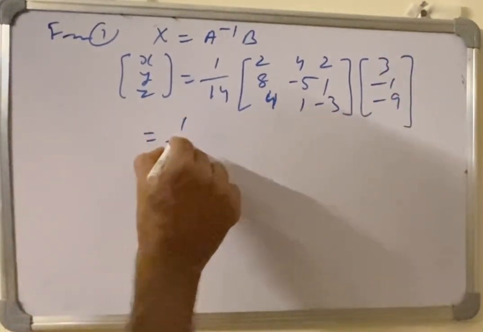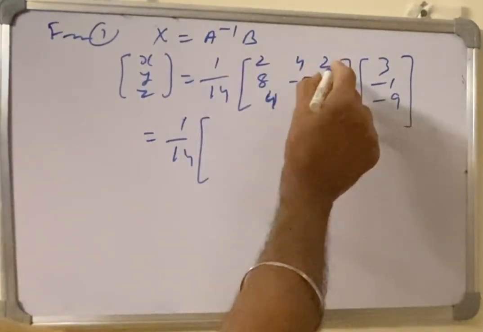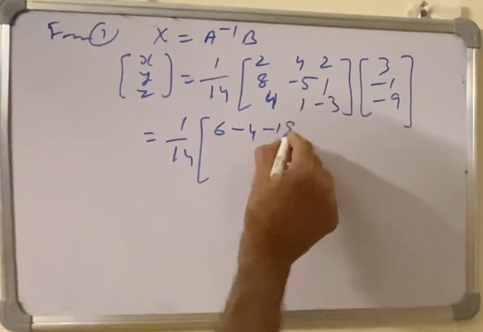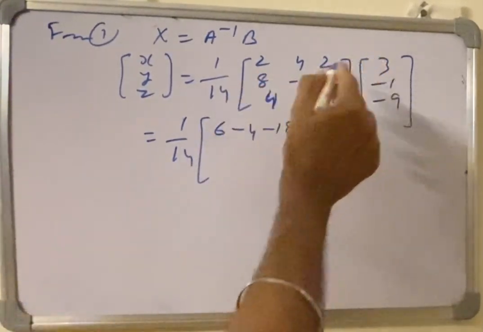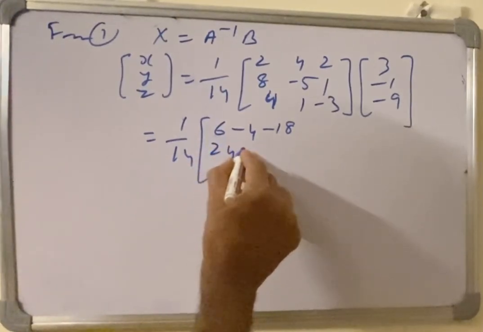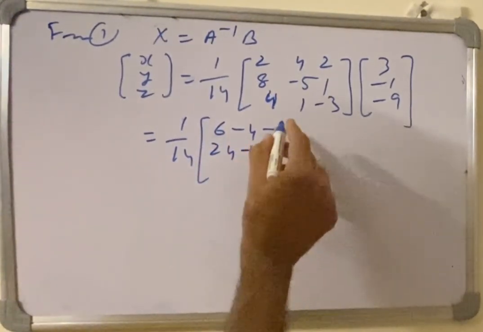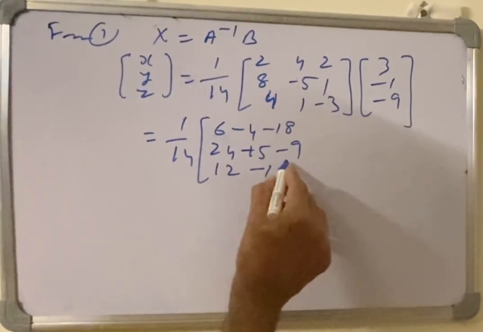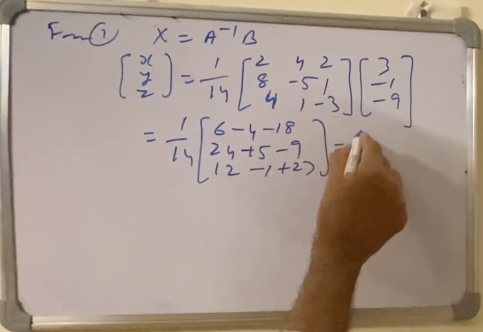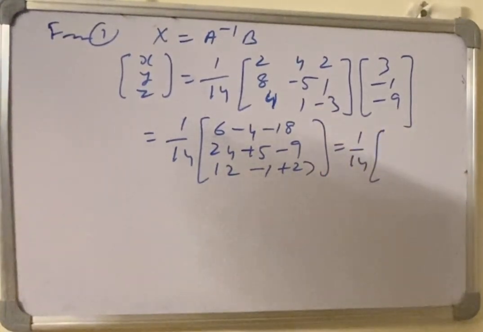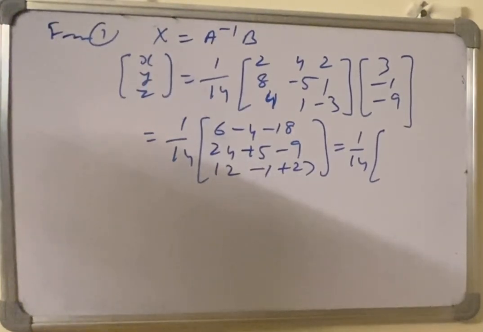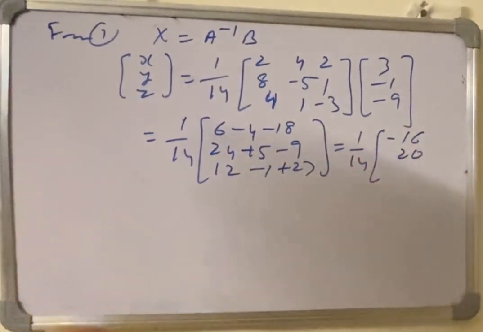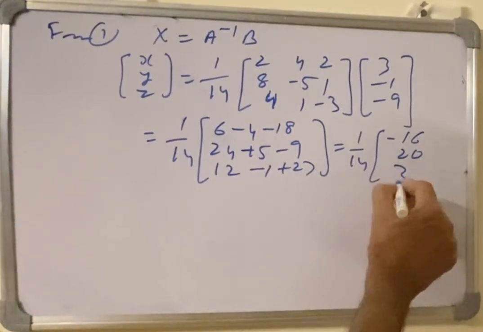We multiply this 1 over 14 into the first row with this column: 6 minus 4 minus 18. Then the second row with this column: 24 plus 5 minus 9. Then the third: 12 minus 1 plus 27. This is equal to 1 over 14 into minus 16, then 20, then 38.